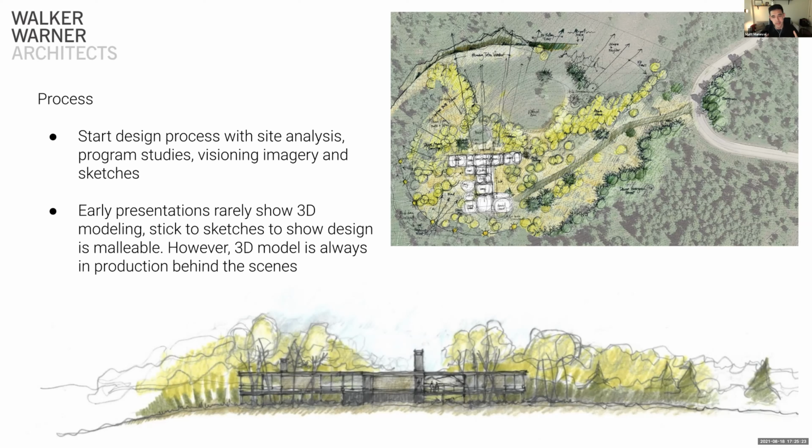And we purposefully limit these early presentations, what we present, just to sketch form to give the appropriate representation that the design is still malleable. It's not fully baked into a 3D model that we've already thought about. So even though we're only presenting sketches usually at first, we almost always will have a 3D model in production behind the scenes that we've already been using to inform the kinds of design and sketches that we're presenting here.